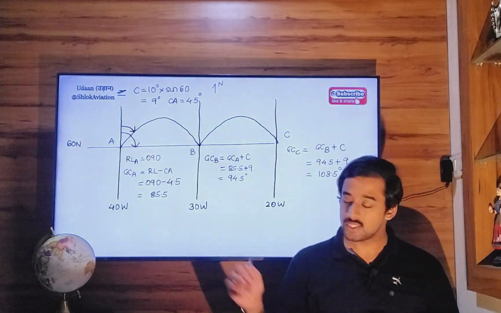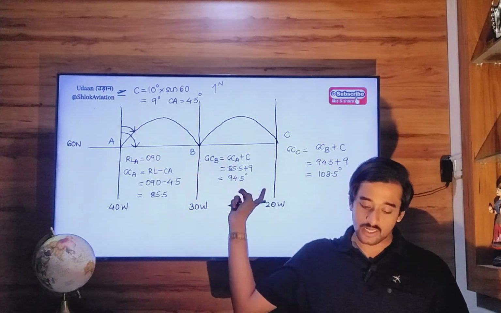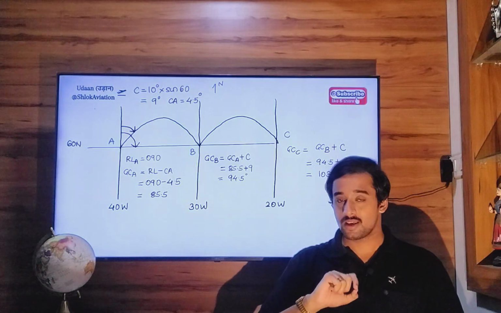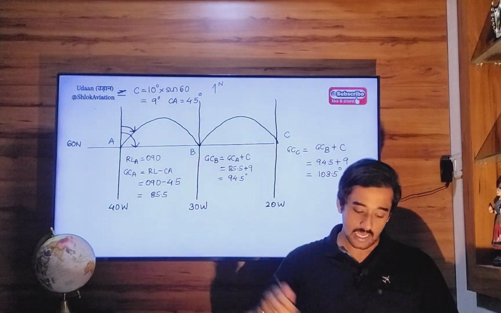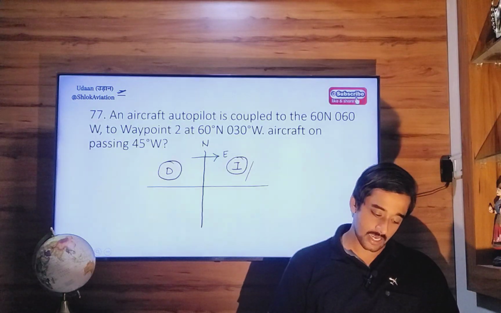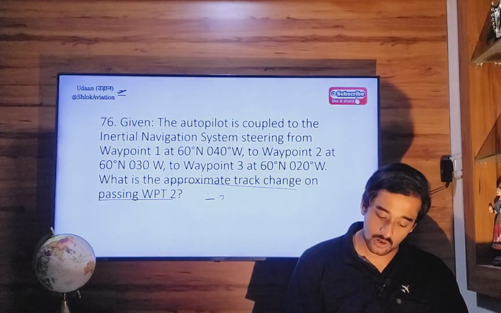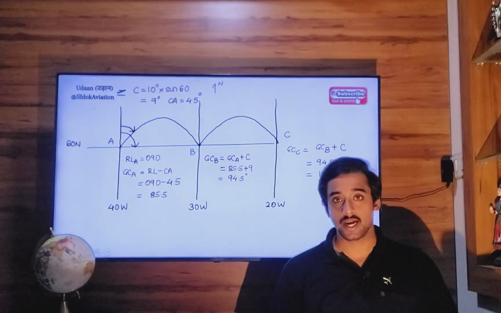So what is the change at the second position? The difference is equivalent to 9 degree. So the change that is happening at position Bravo is minus 9 degree. So the approximate track change on passing waypoint 2 is minus 9 degree, because it is less than great circle track at C.